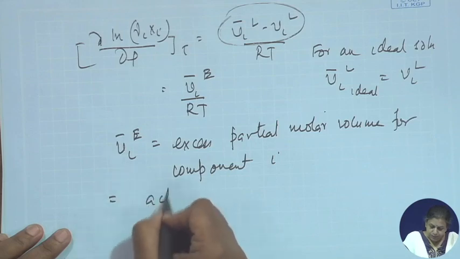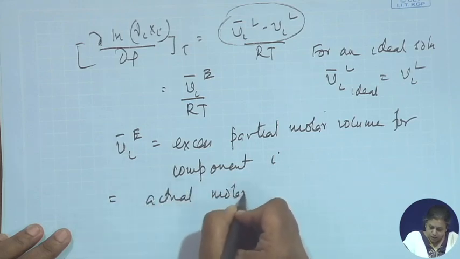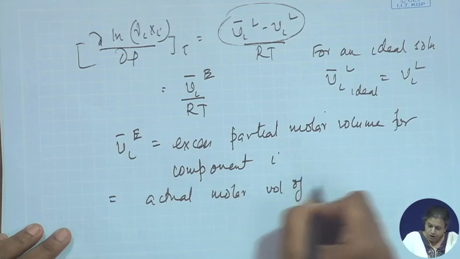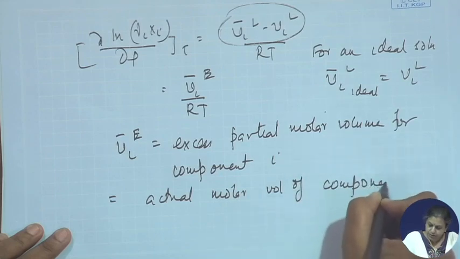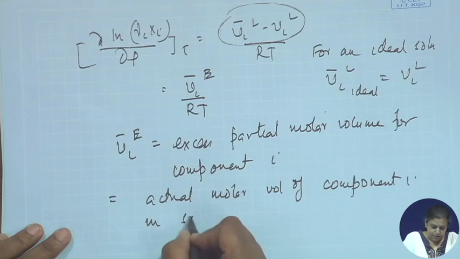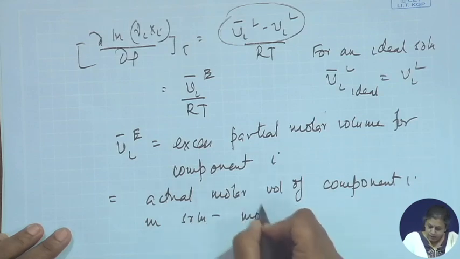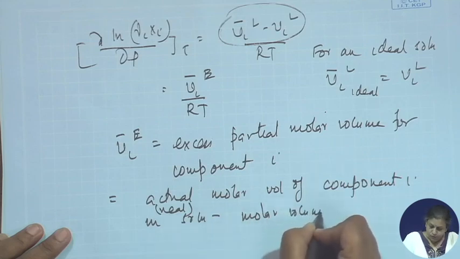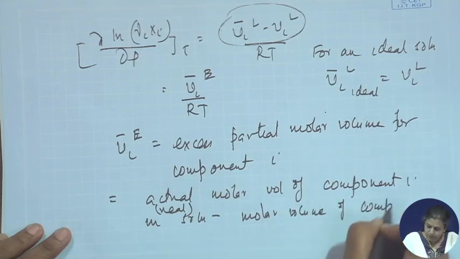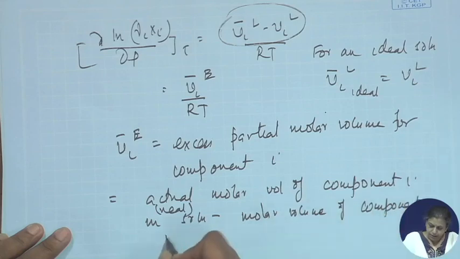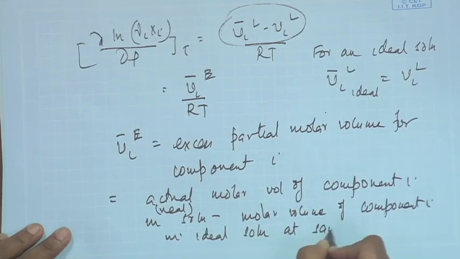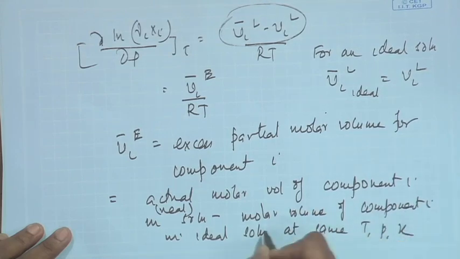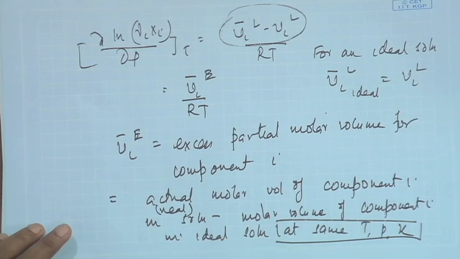It is nothing but the actual molar volume of component i in real solution minus the molar volume of component i in ideal solution, very important, at the same T, P, x. You have to keep on adding this because the standard states have to be the same.